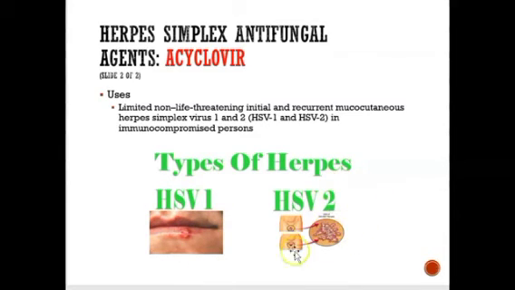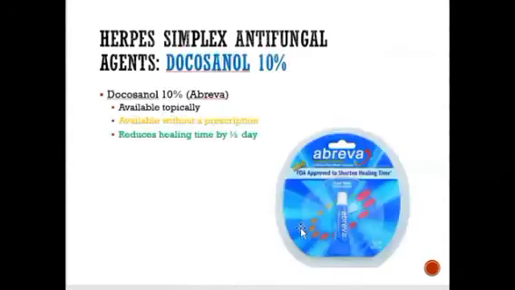Primaquine is used for the treatment of malaria. So the next one is doxycycline. This antibacterial agent may be used for prophylaxis if antimalarials are contraindicated or there is resistance. So in these cases doxycycline is used.